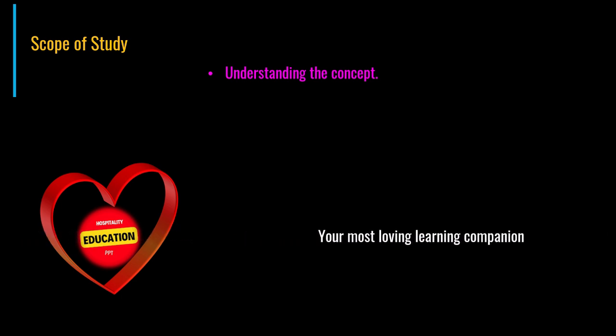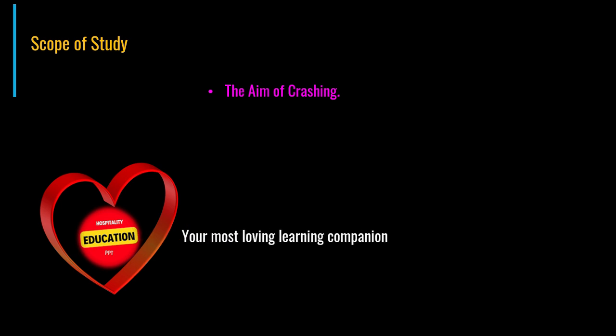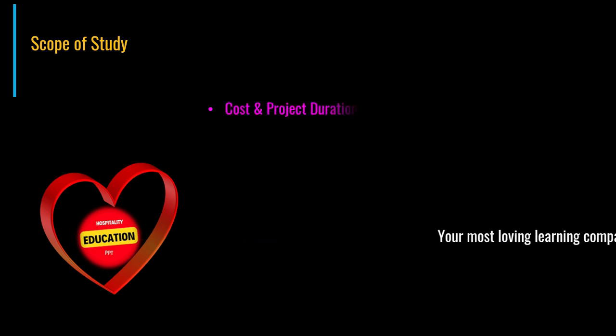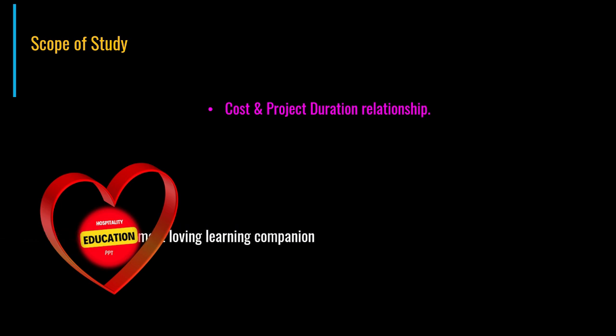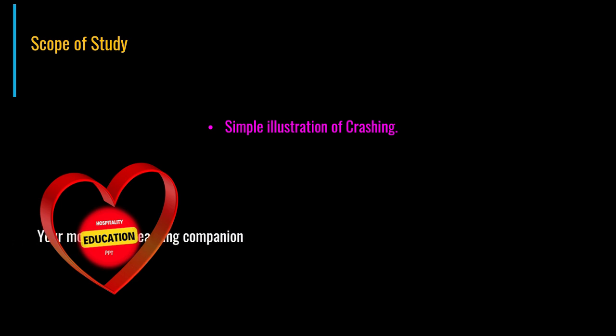We'll try to develop the concept of crashing of any project network, and then why we crash, what the aim of it is, and what the relationship with time is, that is, the cost and project duration relationship. Finally, we are going to discuss an illustration of crashing.